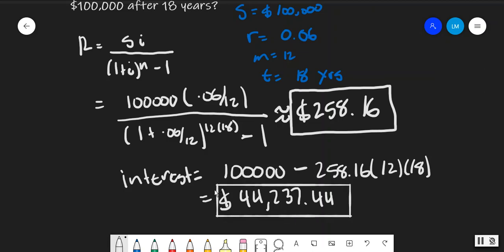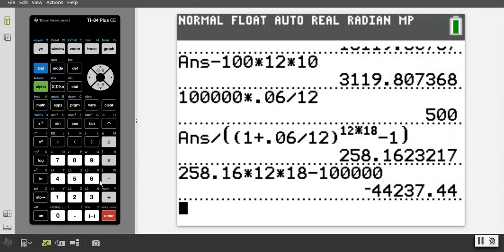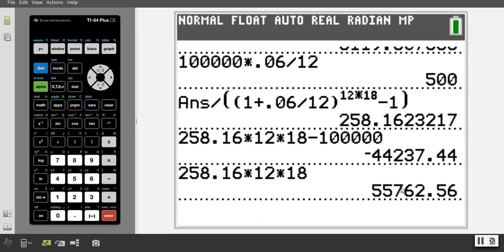Now you could look at it like this: how much really was put in, if you wanted to, but hardly ever do we think of it this way. Usually we just look at the interest because it's more interesting. So the family did put in a little more than half, and their net gain was the $44,000.